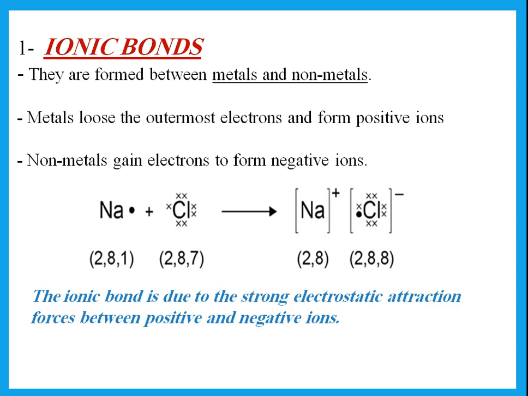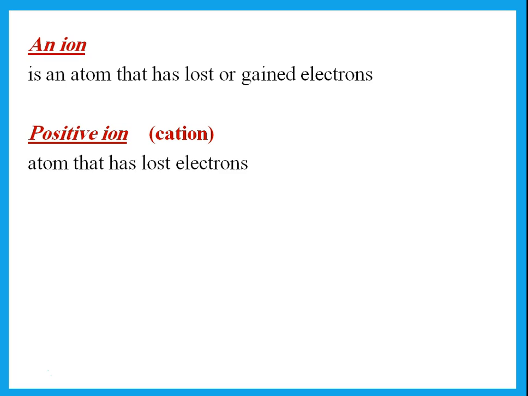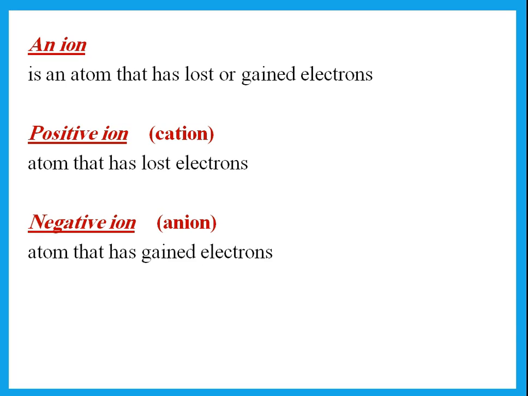Okay, so that is called an ionic compound. So you should remember, we said before in the previous chapter, an ion is an atom that has lost or gained electrons. If it loses electrons, it becomes positive, and that is called a cation. If it gains electrons, it becomes negative, and that is called an anion.